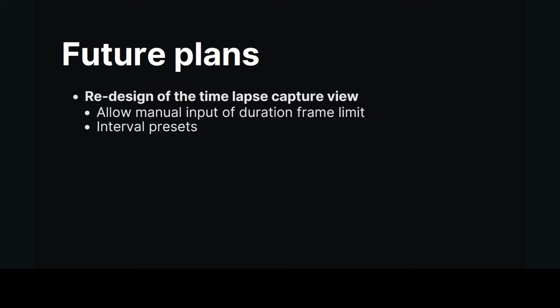Right now you have one slider for that, which is a pretty big amount, so you'd be swiping and spinning the slider for a long time if you wanted to set it to a really high amount. Obviously that's not a very good user experience, so I'm planning for you to just put in the amount of frames that you want it to go to.